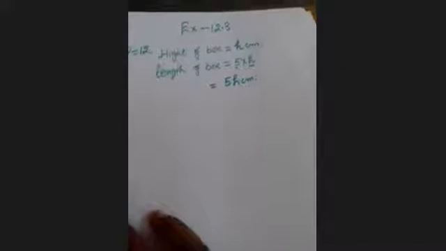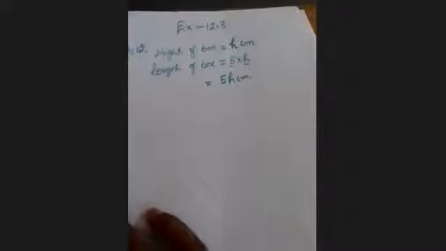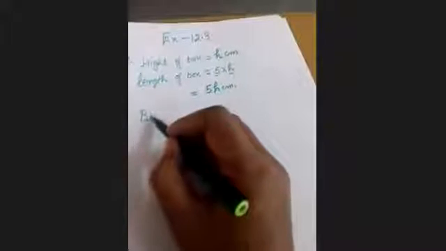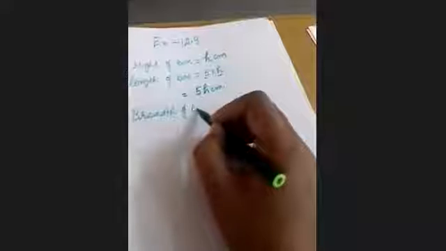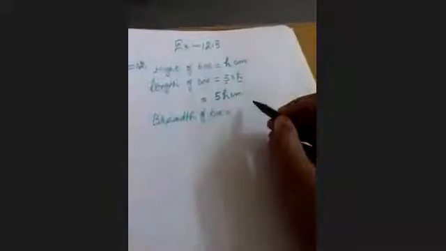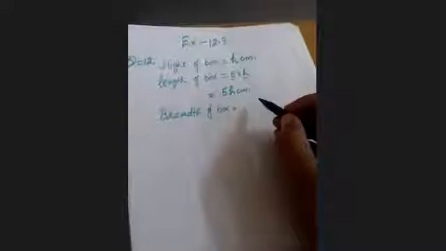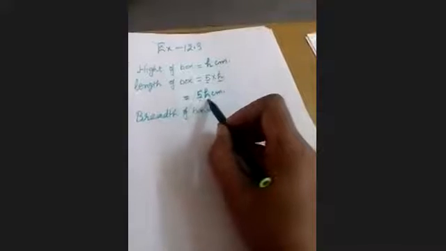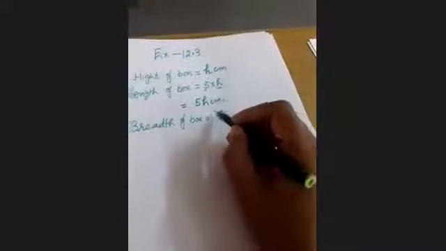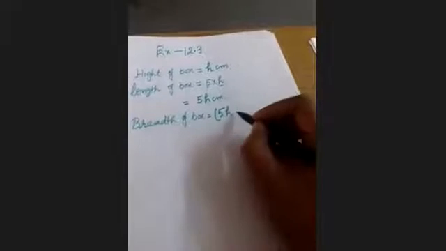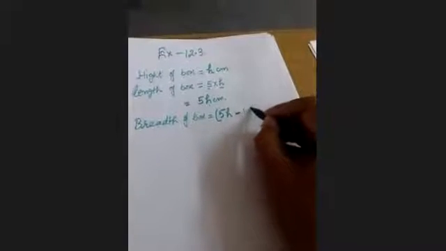Next, width is 10 centimeter less than the length. Length is 5h. Now 10 centimeter less, so width will be 5h minus 10 centimeter.